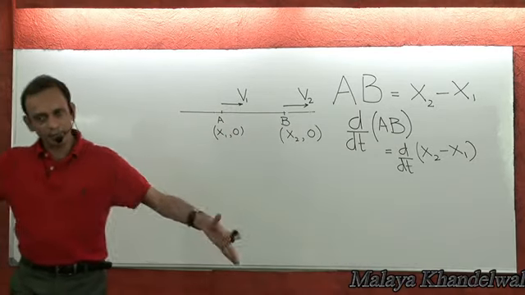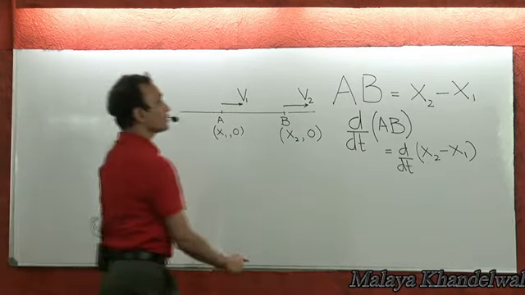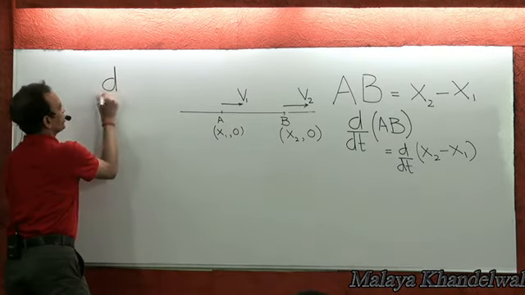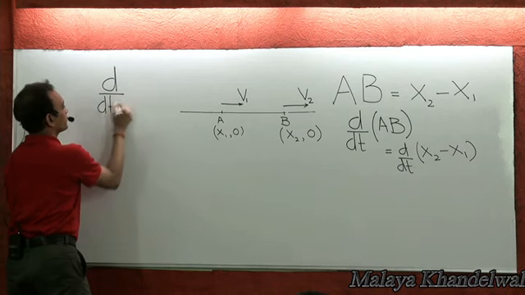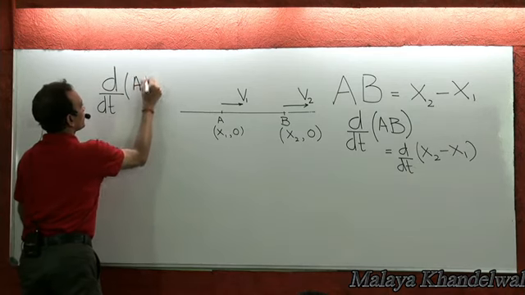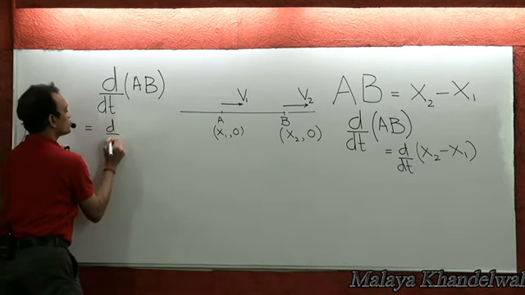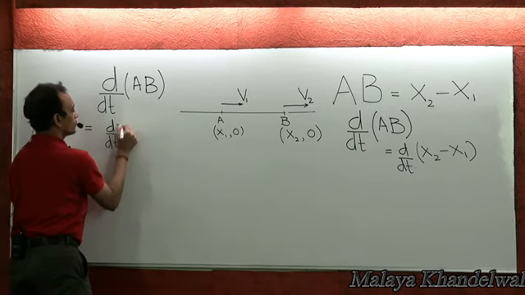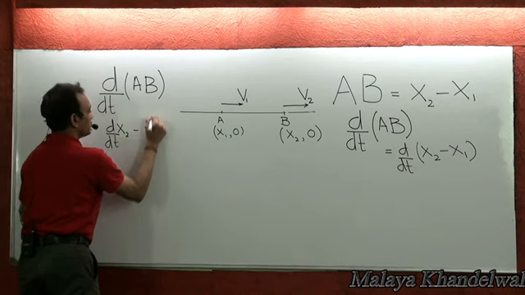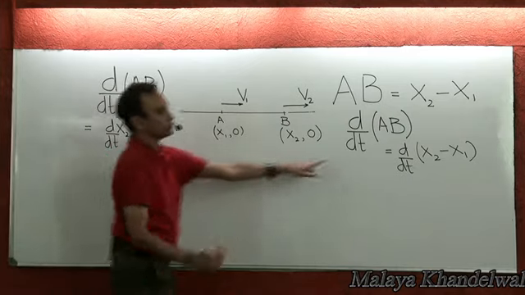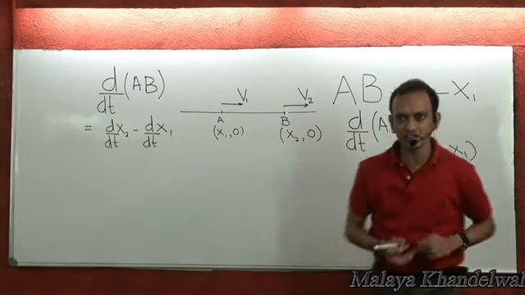That's the rate of change of separation AB with time, right? But d/dt of AB is going to be d/dt of x2 minus d/dt of x1. Yes or no? d/dt of x2 minus d/dt of x1.